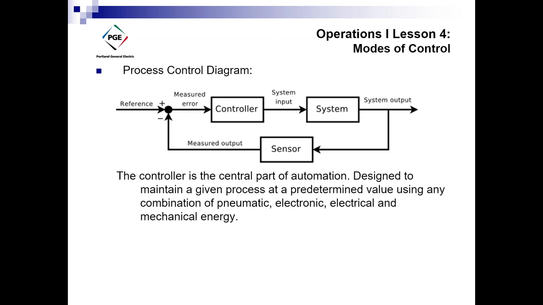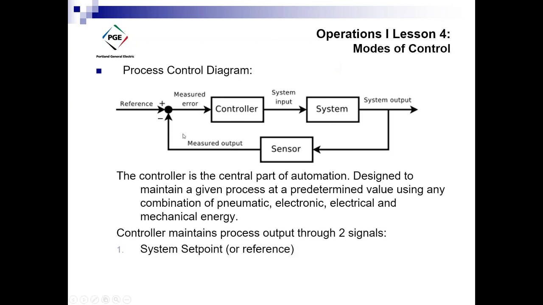And you can do this by, we've talked about pneumatic, electronic, electrical, and mechanical energy and systems: pumps, valves, motors, electromagnetic valves, whatever method we need to use, air valves, pneumatic. So the controller maintains process output through two signals. It's the system set point of reference and the output feedback, which is the measured output from whatever your sensor is.